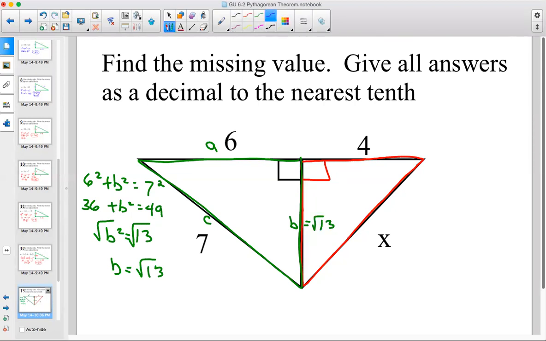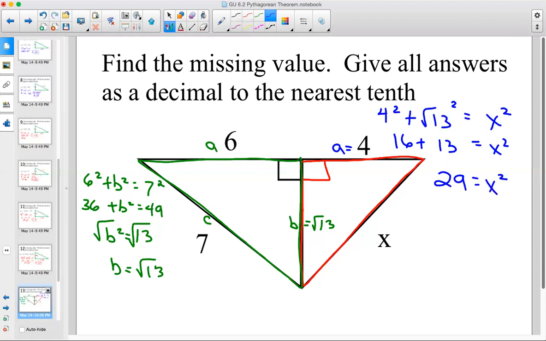Now I'm going to focus on the red triangle. I'm given the 2 legs. We'll say A equals 4 and B equals radical 13. X is going to represent our C, our hypotenuse. So we're going to get 4 squared plus radical 13 squared equals x squared. 4 squared is 16 plus 13 equals x squared.